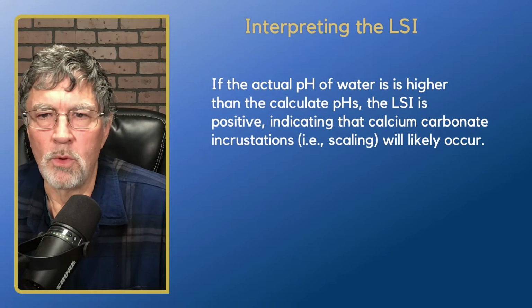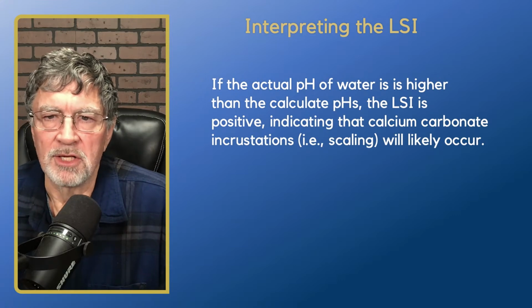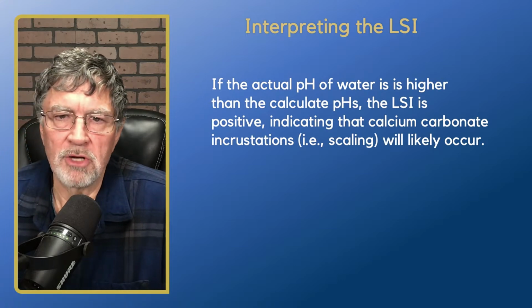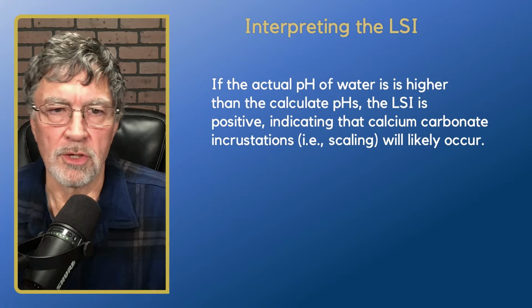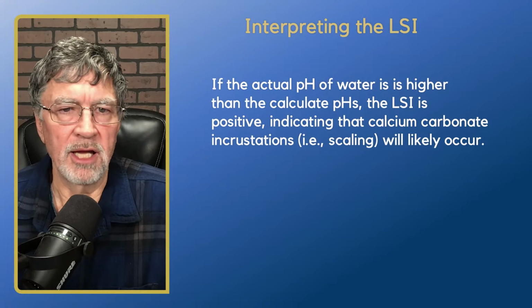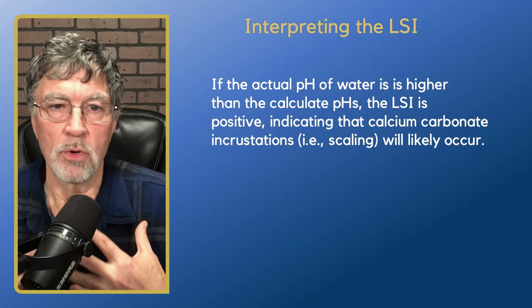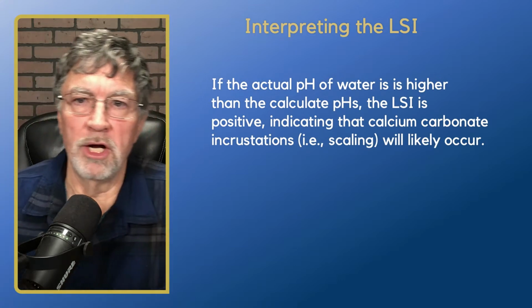If the actual pH of the water is higher than the calculated pHs, the LSI is positive, indicating that calcium carbonate incrustation scaling will occur. So your water is oversaturated with calcium carbonate, so it will start to precipitate out, and this is where you can develop significant mineral incrustations that can create plugging in the wells.